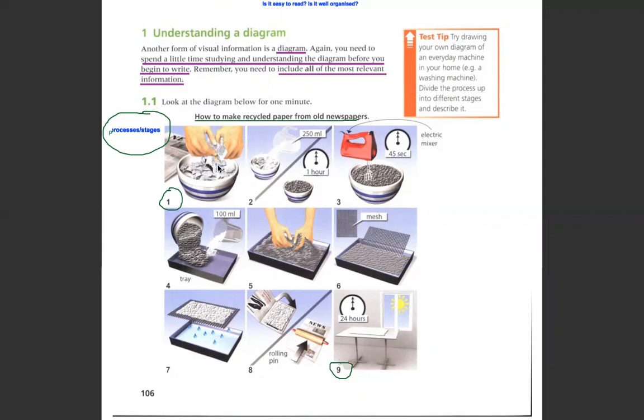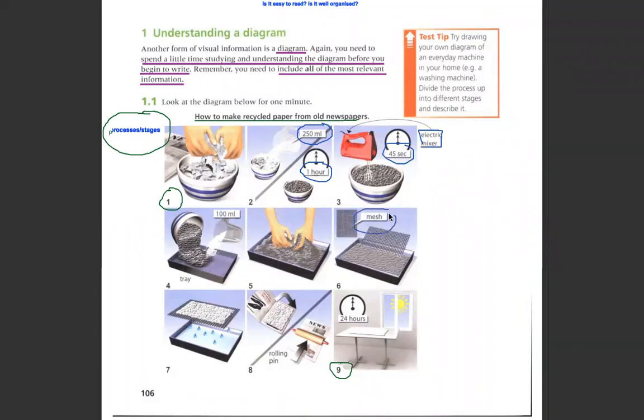So what you should do is have a look at each picture. The first thing you can do is have a look for any words that are on the picture already, and you can use these. For example, here it gives you some amounts, it gives you time, but it may also give you words. So these are words that you can use when you're describing the process.